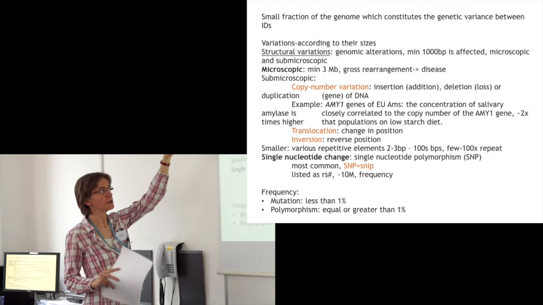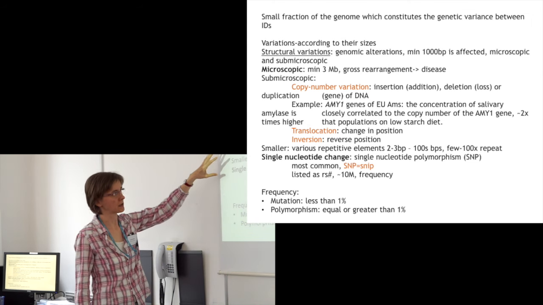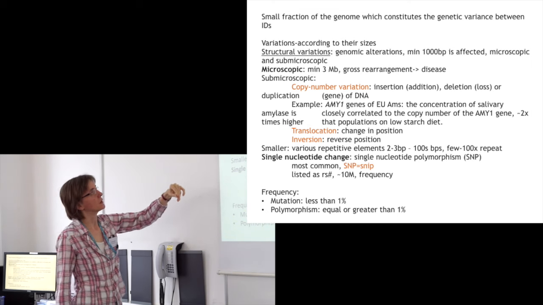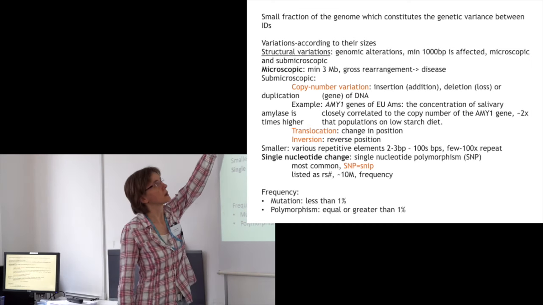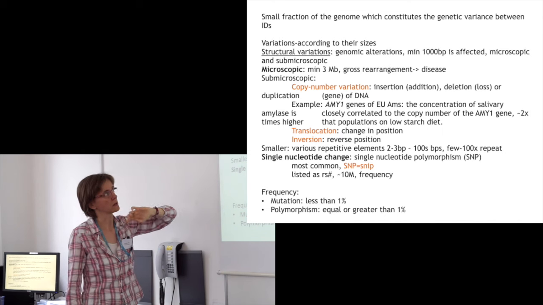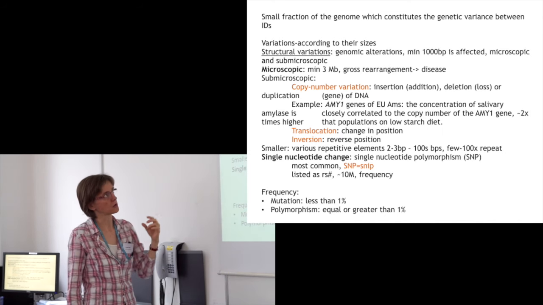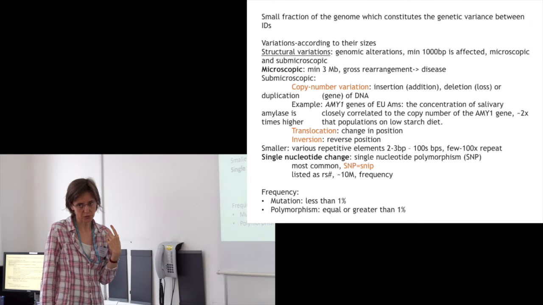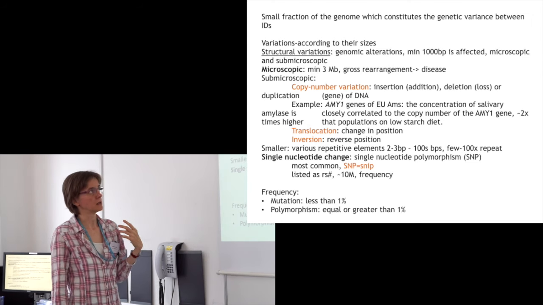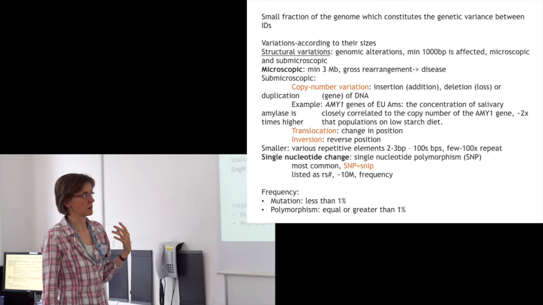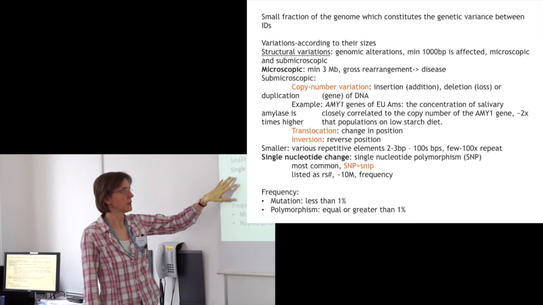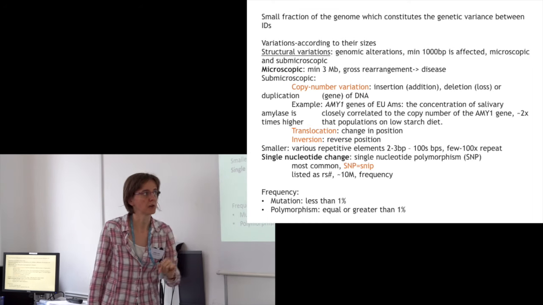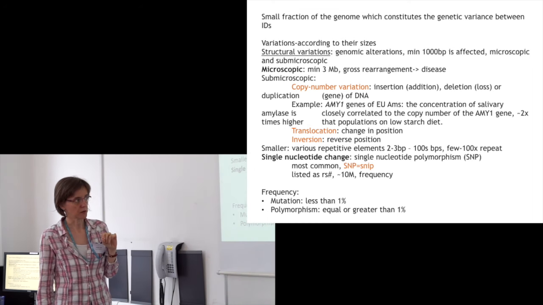So I wrote down a few possible variations between individuals according to their sizes. The biggest ones are rearrangements within chromosomes or of large chunks in the DNA, and they can be observed by microscope, and also they quite often mean very serious genetic diseases. On the other end of the scale, there is the single nucleotide change, when we only replace one base, one nucleotide, with another one.